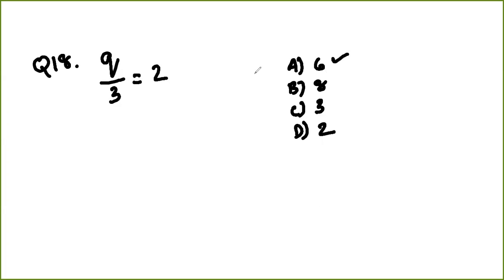You can either get it that way, or you can substitute. There are only 4 choices given over here, right? So 8 by 3 is not 2, 3 by 3 is 1, 2 by 3 is definitely not 2, 6 by 3 is 2. So you got the answer. Okay, but I'd like to show you how the mind actually worked to figure it out.